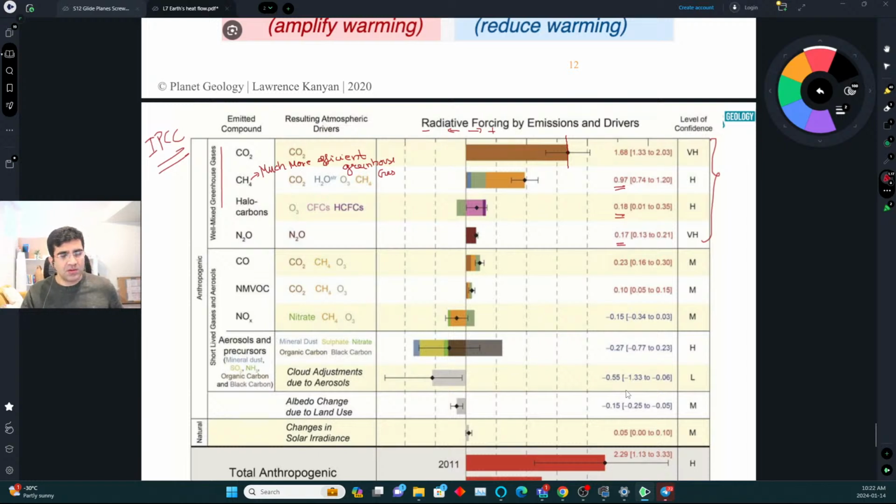It is approximately 3 watt per meter square. So just by adding greenhouse gases, if you consider the other greenhouse gases also, we have already introduced forcing equivalent to doubling of CO2.